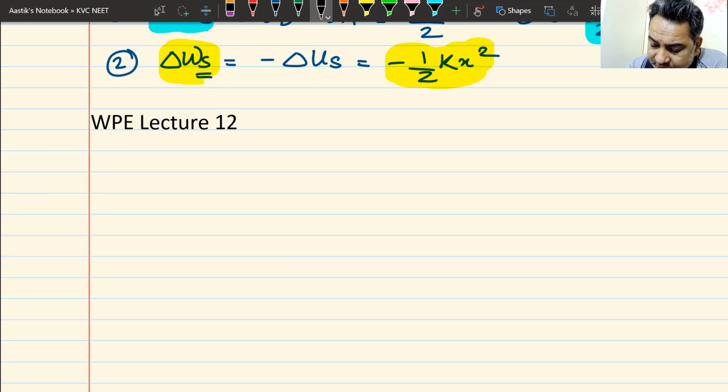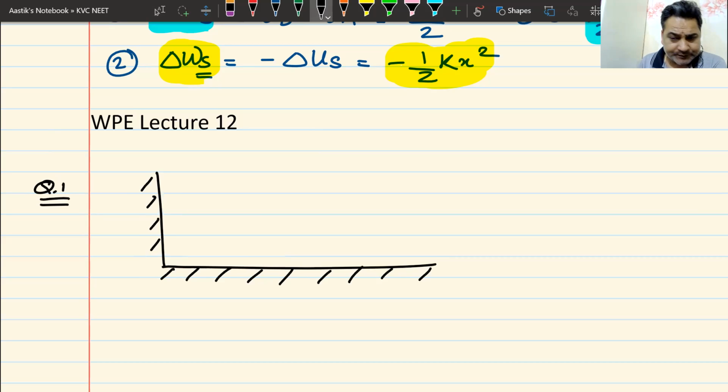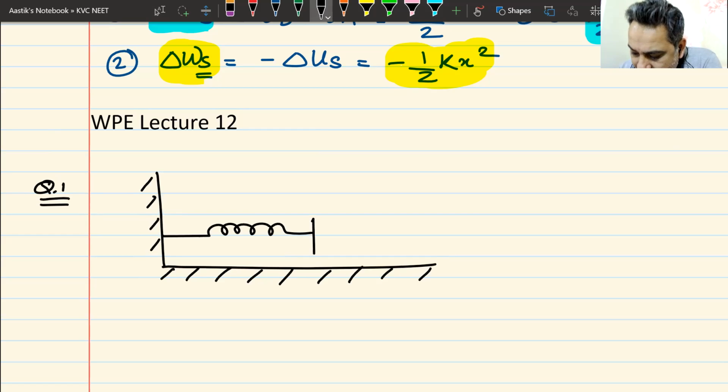So I start with the first question for the day, question number one. Instead of writing the question, I'll draw the question. We must now get into questions where we will have springs in our discussion. I have this spring and I have a mass m attached to this spring.